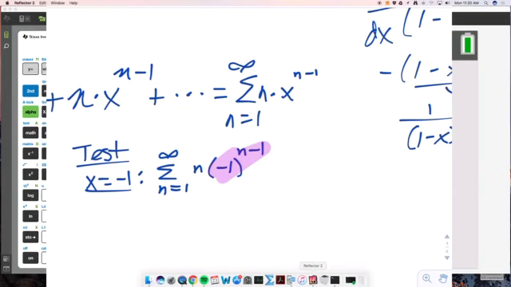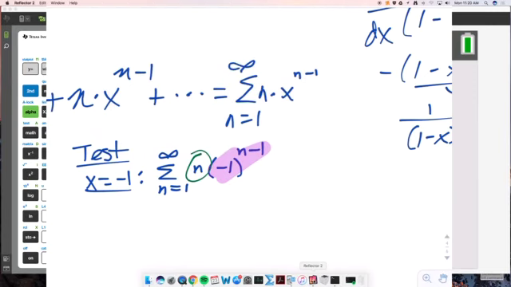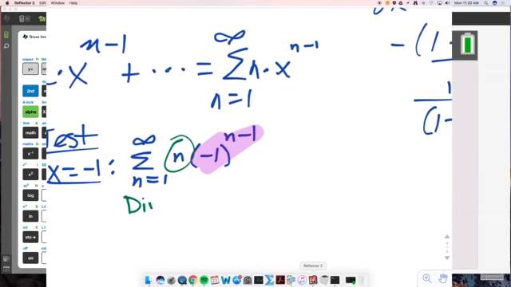So remember, to be an alternating series, what's left without the alternator has to decrease to 0. Those are the two things. The terms have to be decreasing and approaching 0. Does n decrease and approach 0? No. So guess what? This one does what? Diverges by what?